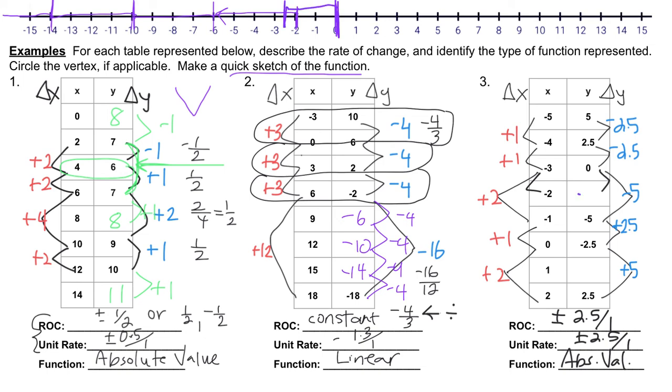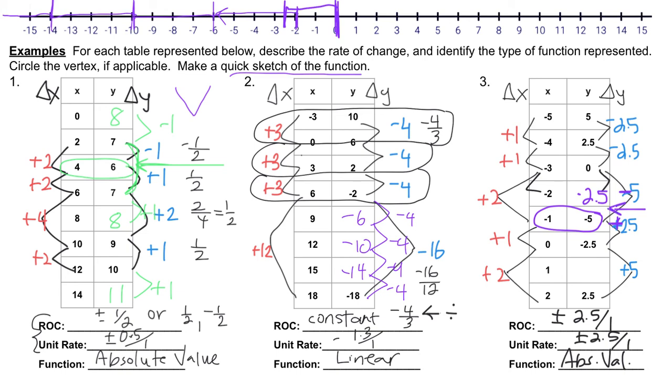So that's going to be -2.5. Then I see -5 and -2.5 again. Because I see those repeated values, this seems to be what my vertex is right here. And also that's the change from a negative to a positive, so from decreasing to increasing, which would be pointing right there.